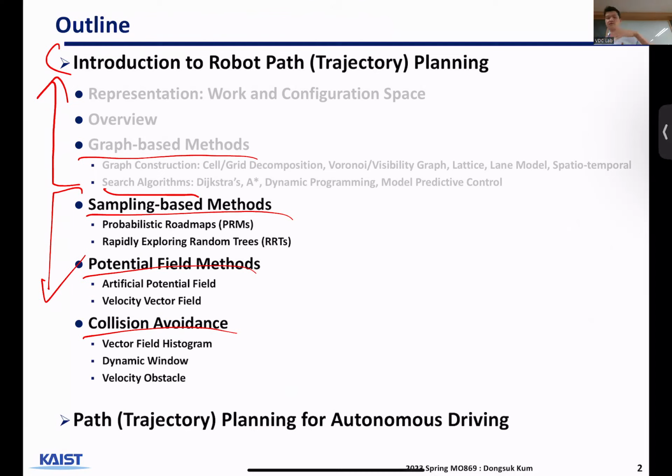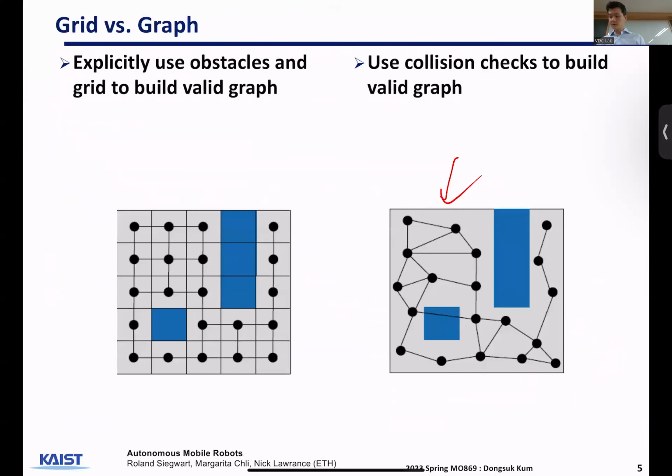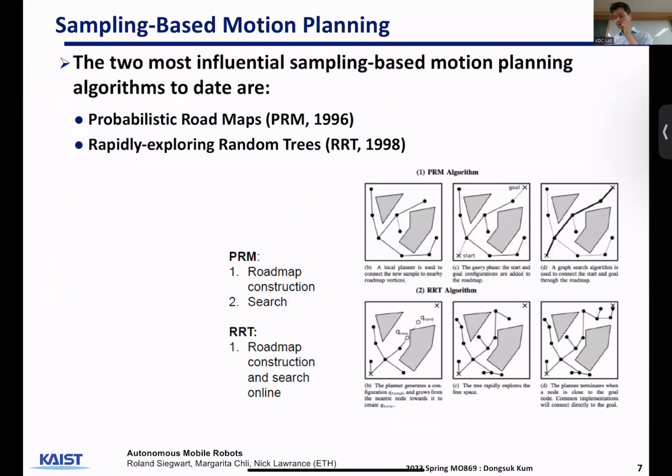It's not that graph-based methods and sampling-based methods are two completely different methods; sampling-based methods are one type of graph-based method. And there are two traditional, conventional methods. One is probabilistic roadmaps, and the other is rapidly exploring random trees, PRM and RRT.